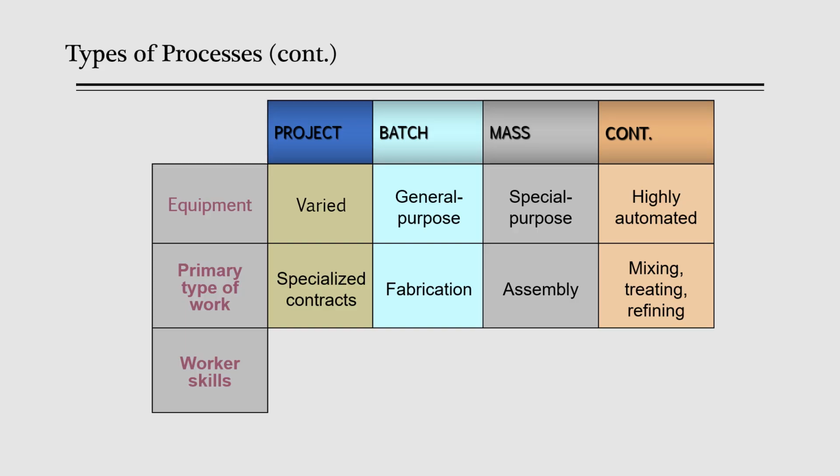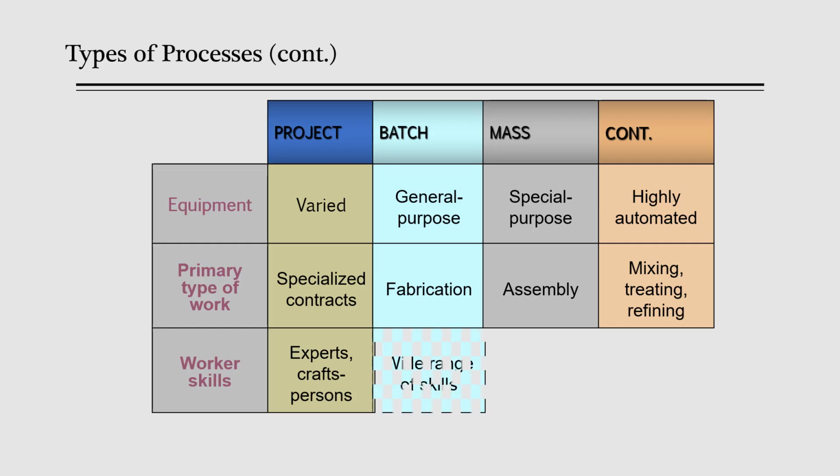Now let's see what are the worker skills. In the project, there are experts, there may be craftspersons used. In the batch production, a wide range of skilled workers may be needed. But in the mass production, such as a garment factory, at the bottom level, unskilled and some skill level employees may be needed.